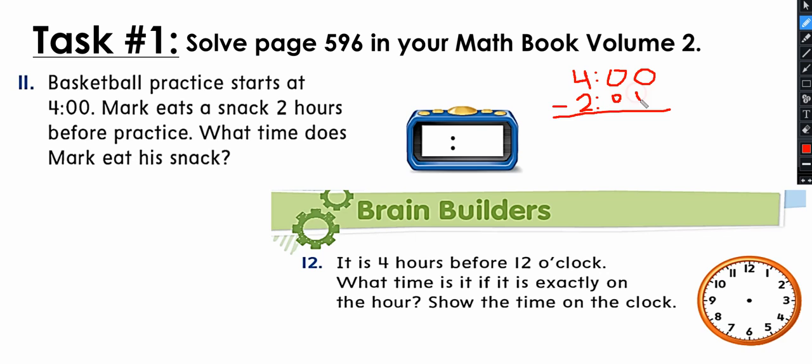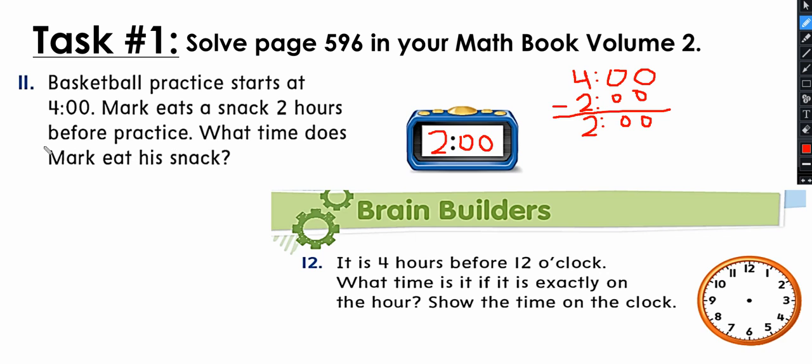We need to count back. So the minutes will stay the same, but the hour will change. 4 minus 2 will become 2. So he ate his snack at 2 o'clock.